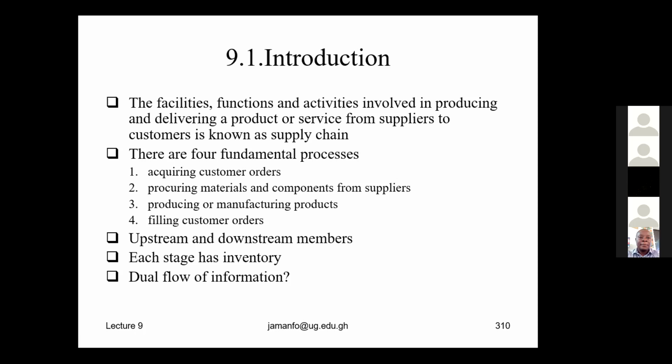If we say dual flow of information within the supply chain, but even before we come to this very last bullet, there are certain flows from the demonstration we had with Bismarck's bread. There are certain flows within the supply chain, but one of them is information, which is flowing in both directions. Can you mention other things which are flowing through the supply chain?